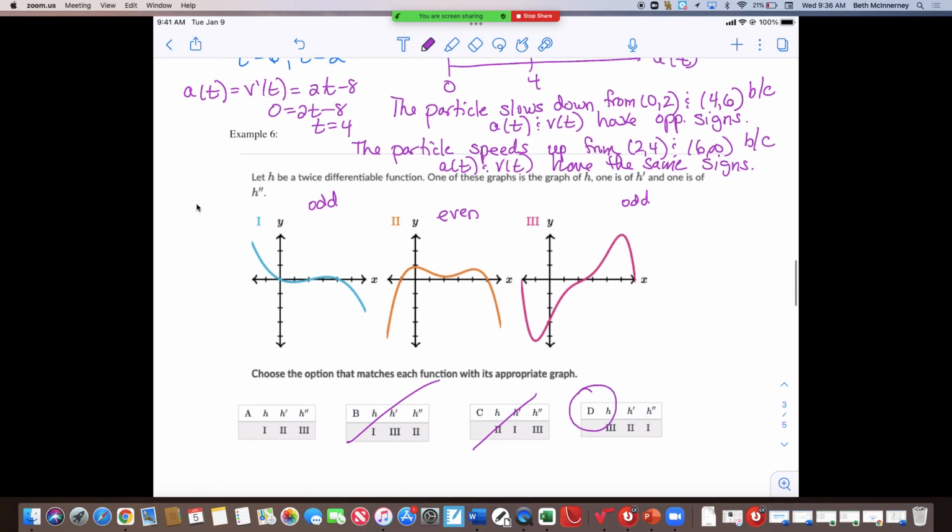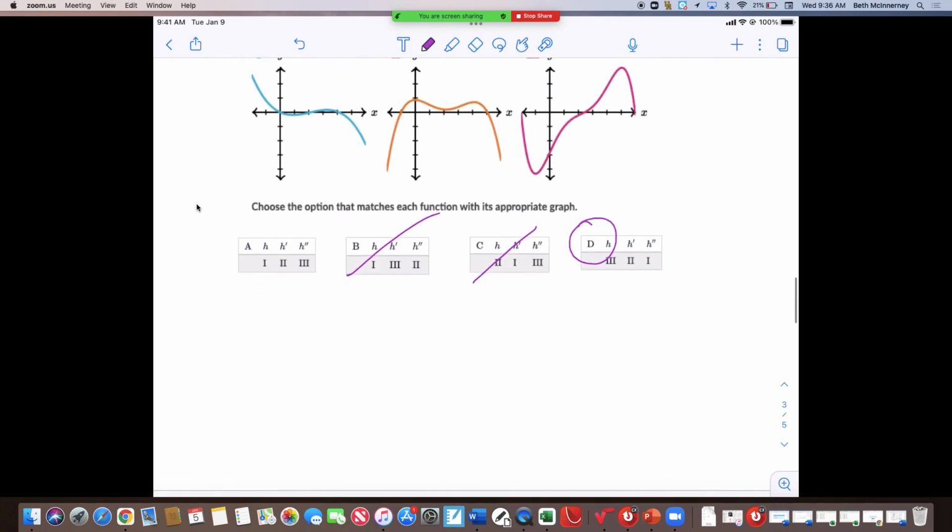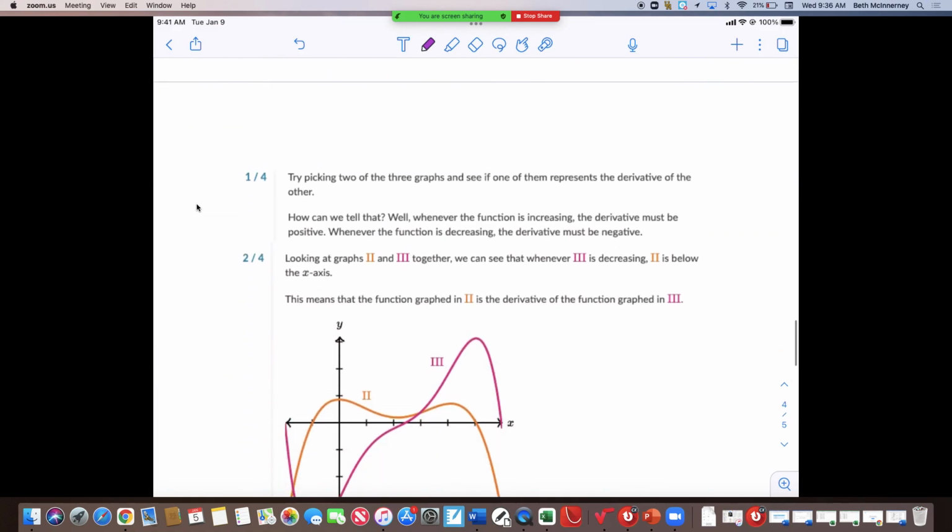And so if that didn't quite make sense, I went ahead and I found this online. It was fabulous. So it says, try picking 2 of the 3 graphs and see if one of them represents the derivative of the other. How can we tell that? Well, whenever the function is increasing, the derivative must be positive. Whenever the function is decreasing, the derivative must be negative.